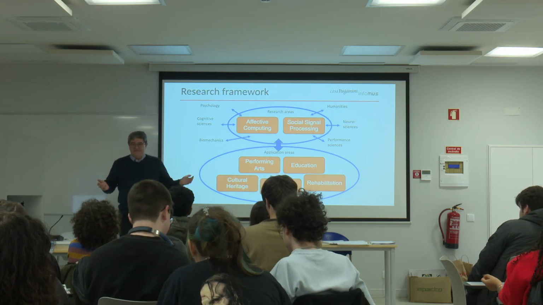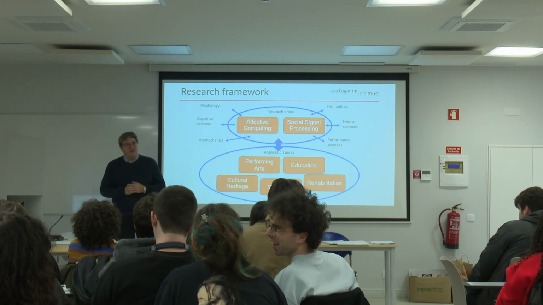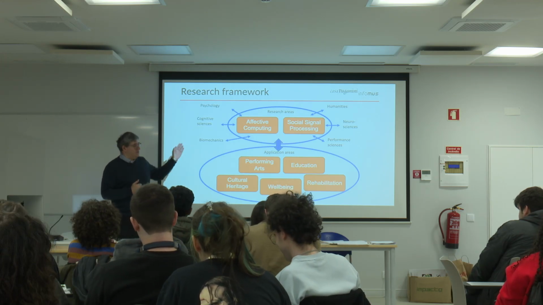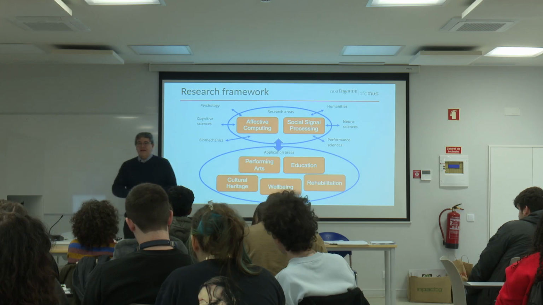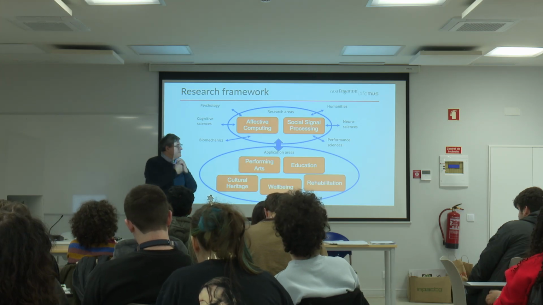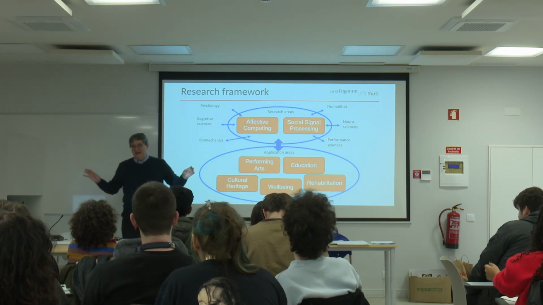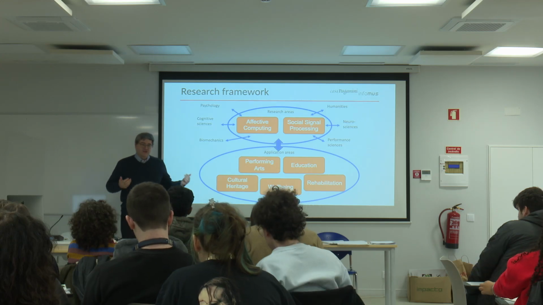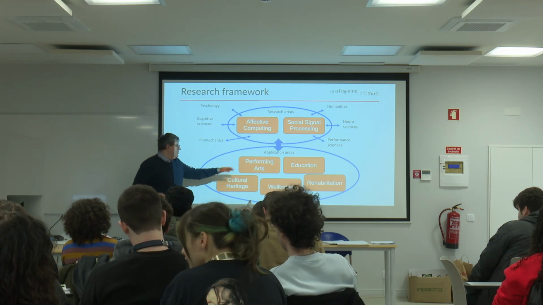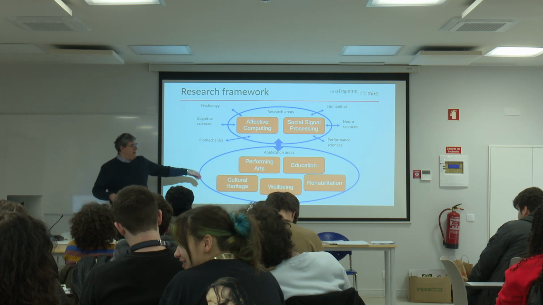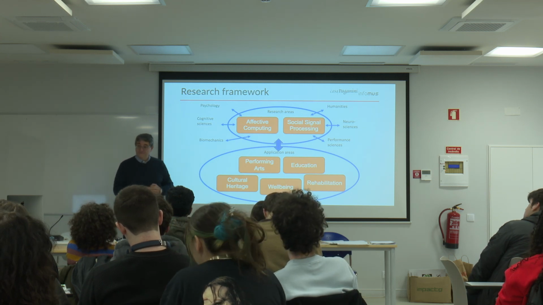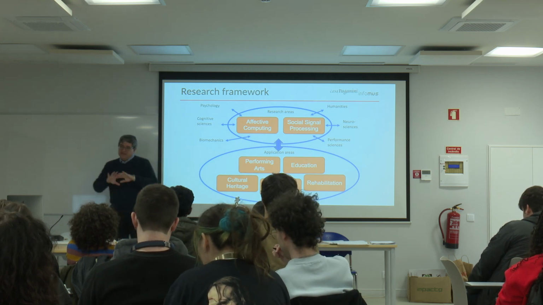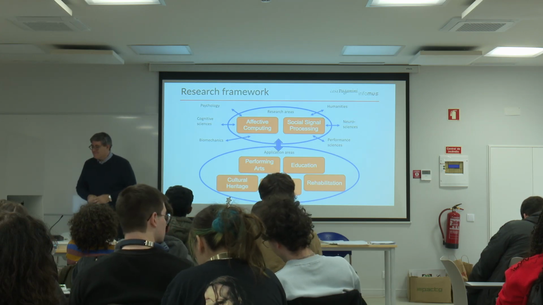Again, automatically. So this is another area of computer science, which is called social signal processing. Our research in these two areas can be applied to several application areas like performing arts, education, well-being, cultural heritage, rehabilitation, and so on. So this is more or less a big picture of what we do.